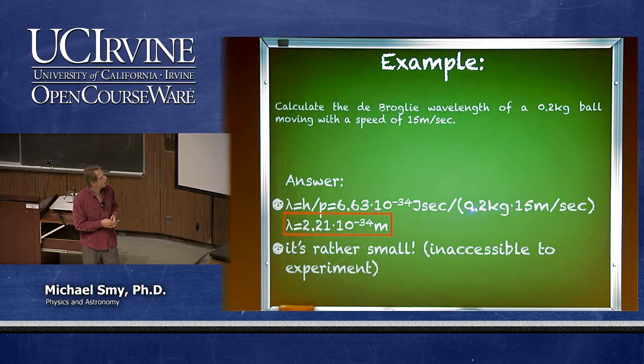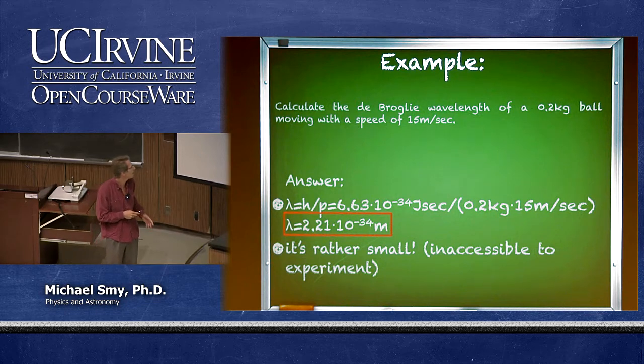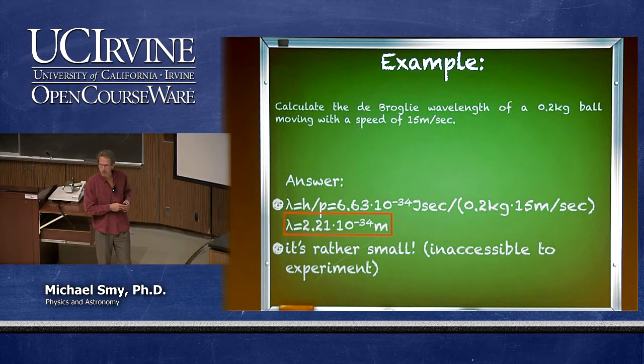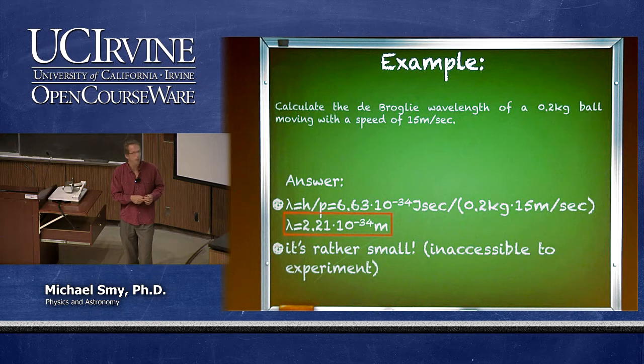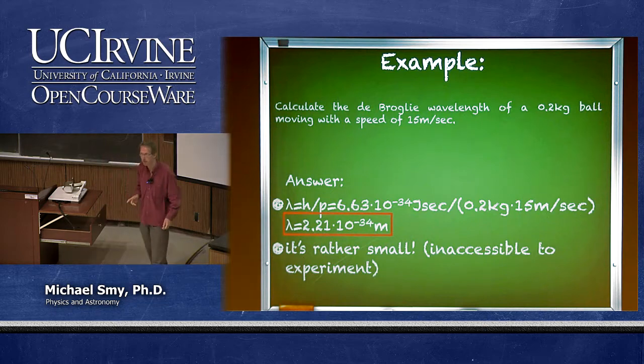And we divide by 0.2 kilograms times 15 meters per second. And we get that the wavelength is 2.21 times 10 to the minus 34 meters. And this is such a small number that there is not even a prefix invented for it. Prefixes only go to 10 to the minus 18. So it's a very, very, very small wavelength, and we will not be able to observe very easily the diffraction pattern of 200 gram balls.